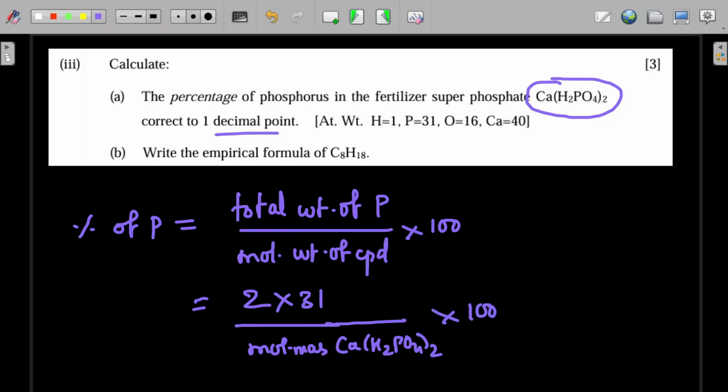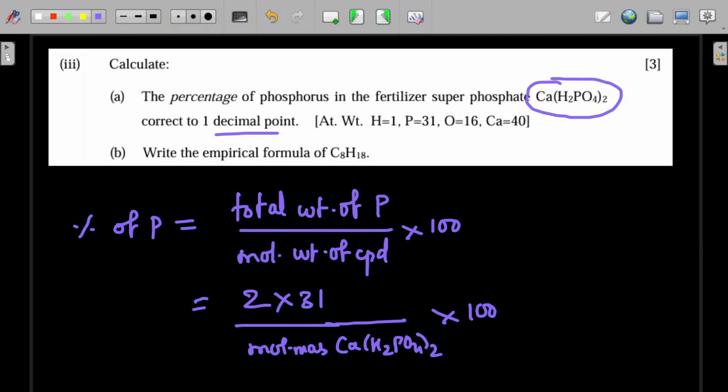The final answer, whatever you get, will be the percentage correct to 1 decimal point. 62 by 234. I'm not sure it's correct though. Okay, you understood now how to do this? That is important.